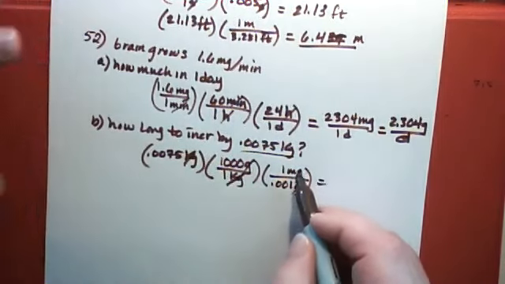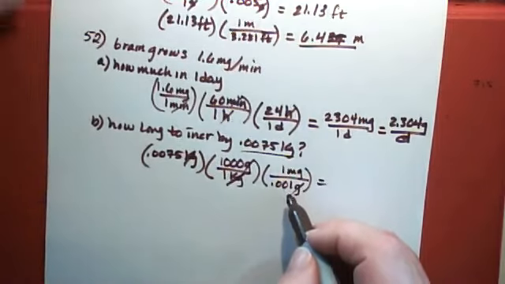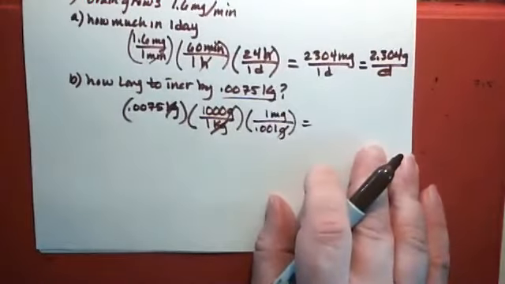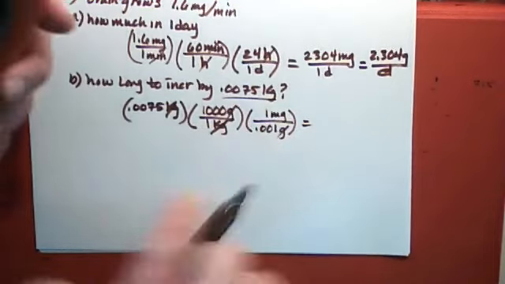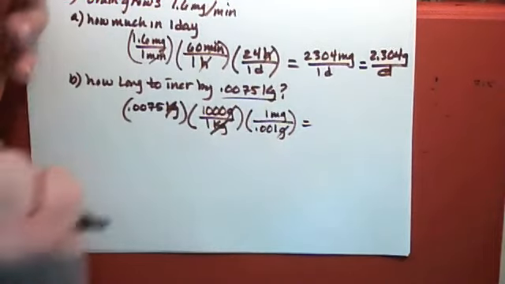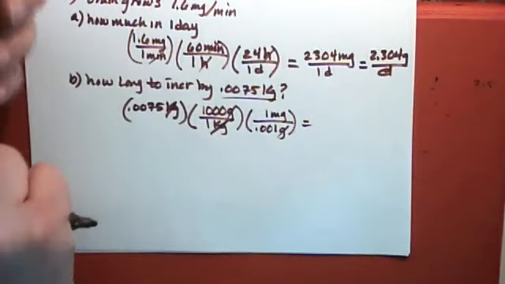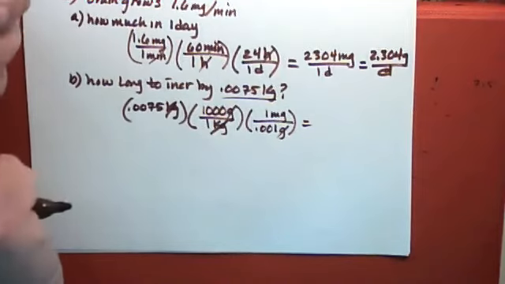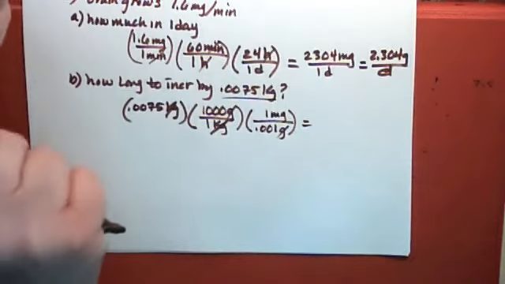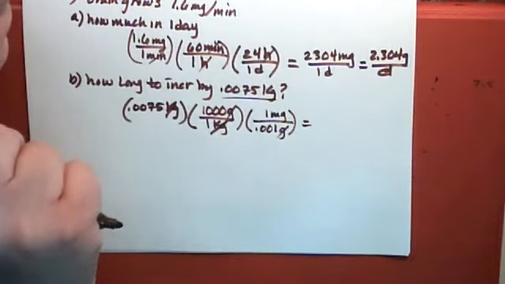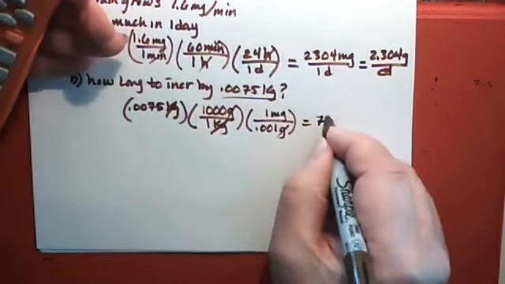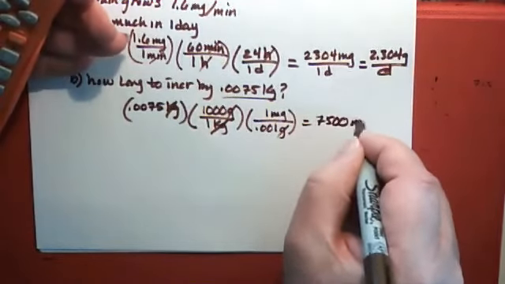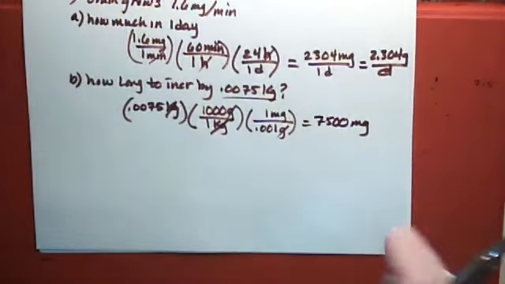Or you could also say 1,000 milligrams per 1 gram. It means the same thing, except writing it this way is more in tune with the definition of what milli means. So 0.0075 times 1,000 divided by 0.001 equals 7,500 milligrams.